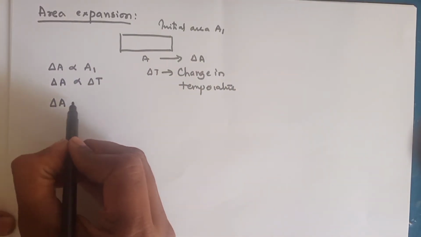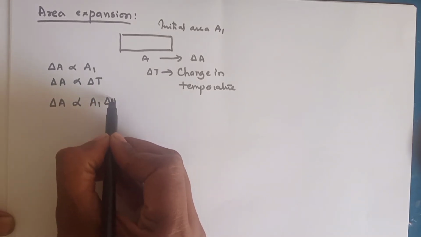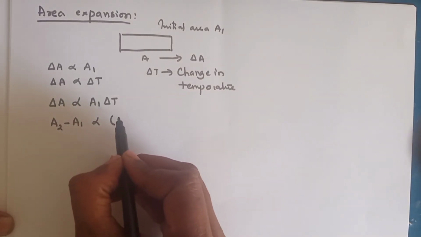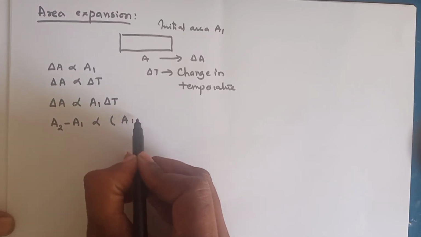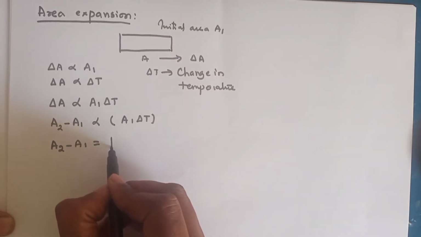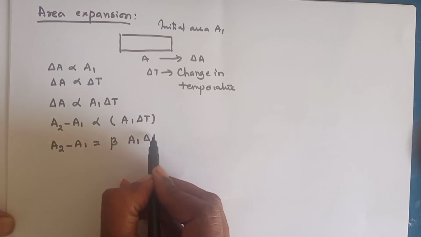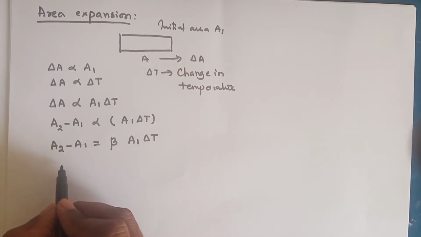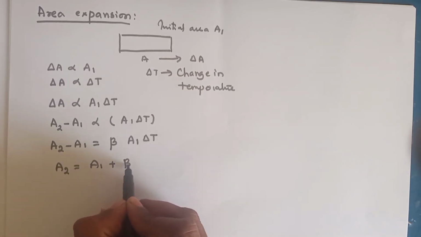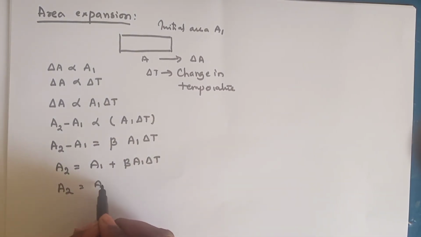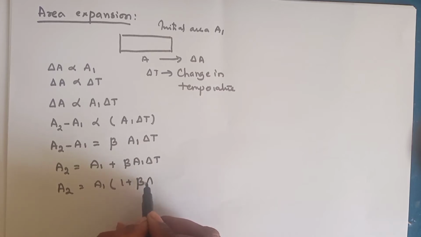So the combination is A1 into delta T. A2 minus A1 is proportional to A1 into delta T. A2 minus A1 is equal to beta A1 delta T. We will see what beta is. The final area A2 is equal to A1 plus beta A1 delta T. A2 is equal to A1 into 1 plus beta into delta T.